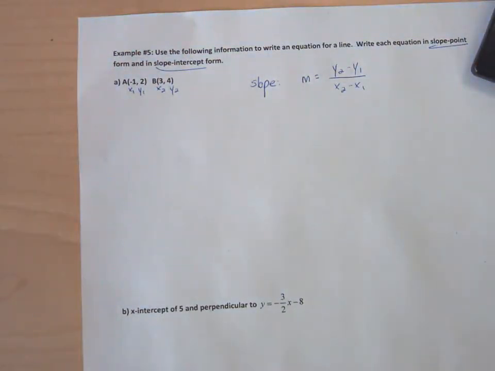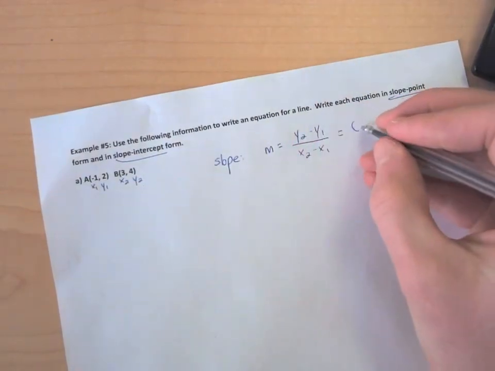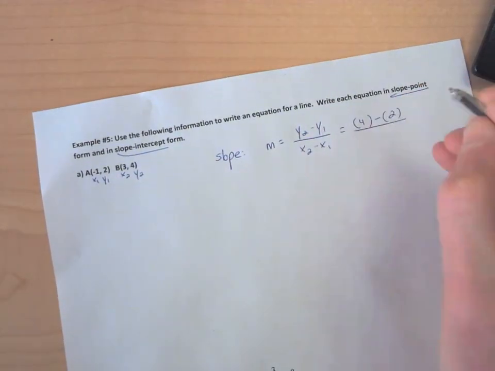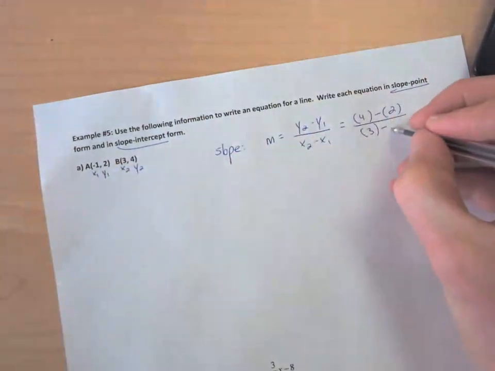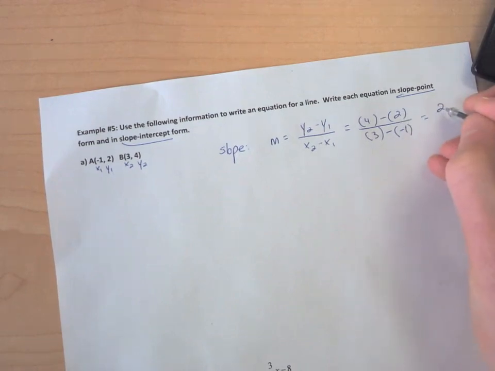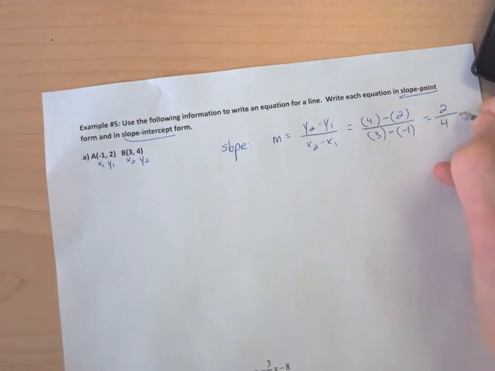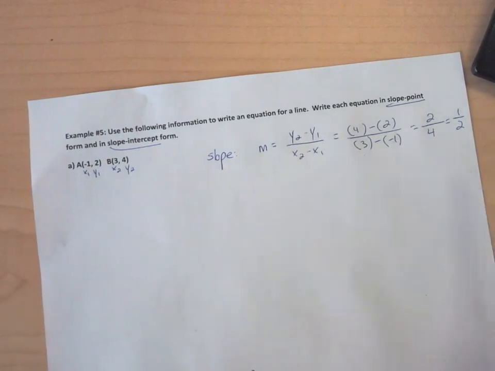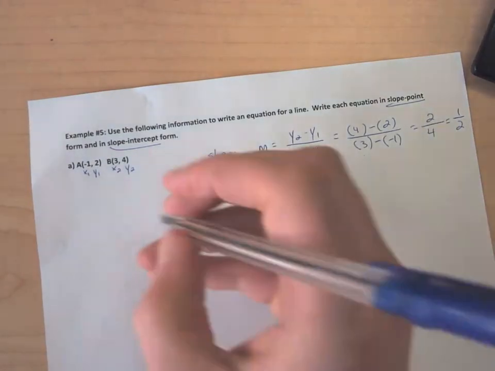So here I can replace these numbers. y2 is 4, y1 is 2, x2 is 3, x1 is negative 1. So now it's going to be 2 over 4, because 3 minus negative 1 is the same as 3 plus 1. That's going to give me 1 over 2. So the slope is 1 over 2. So in both these forms, that'll be the slope.